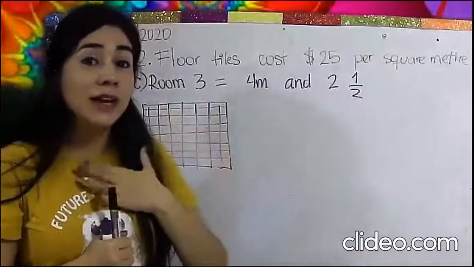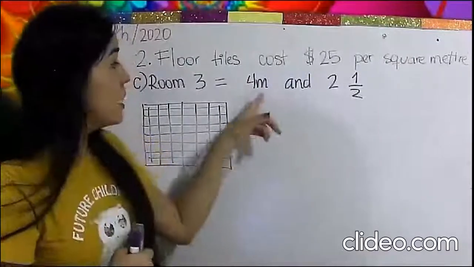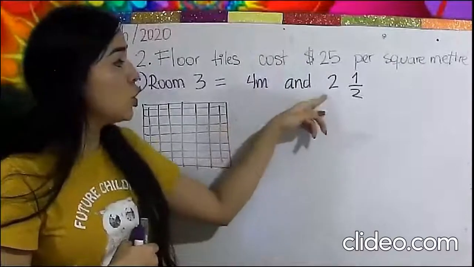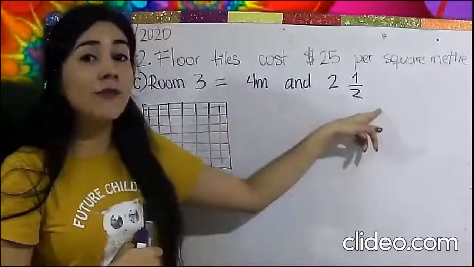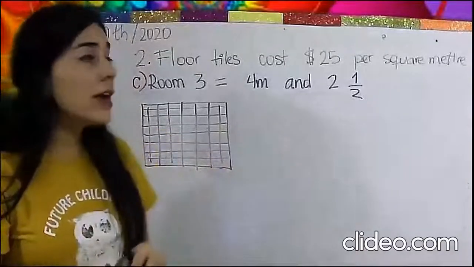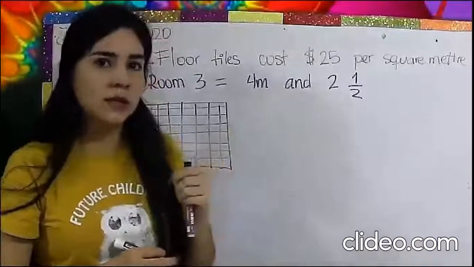And my dining room measures 4 meters long and 2.5 wide. Okay, so what am I going to do? Miss Dina, that is a fraction. Yes, okay.